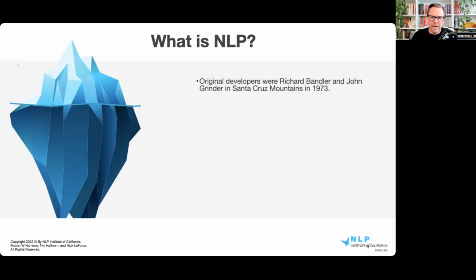And he took this to John and said, I see him doing patterns that he's not talking about. Do you see what I see? And John said, I sure do. And so the two of them got this idea: I wonder if we could watch these videos together and extract a recipe or a model, a step-by-step model of how to reproduce these seemingly magical results that this brilliant therapist, Fritz Perls, got.